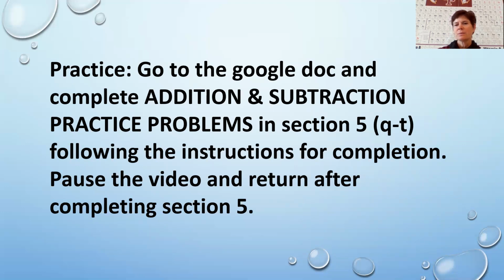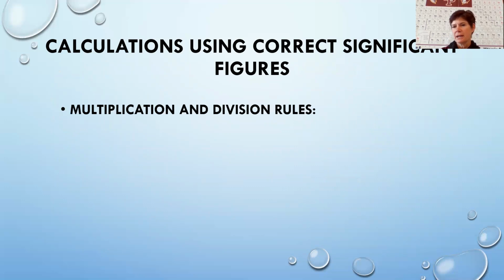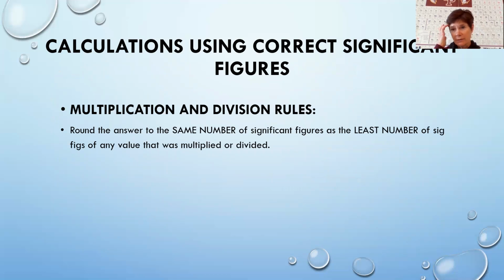Welcome back. We're going to continue and look at calculations for correct significant figures for multiplication and division. So as I said before, when we add and subtract, that's based on place value. Multiplication and division rules are based on the number of significant figures in anything multiplied or divided.